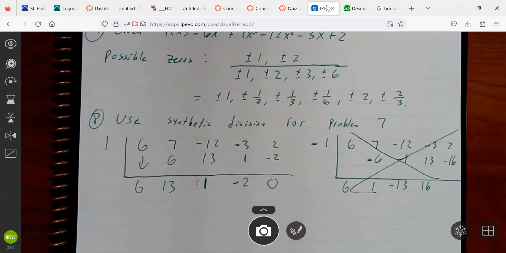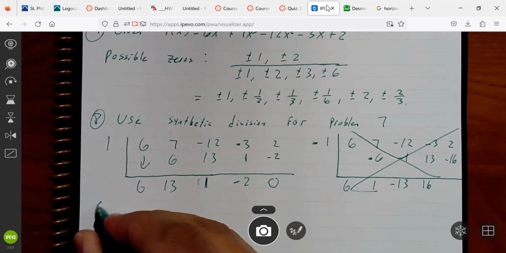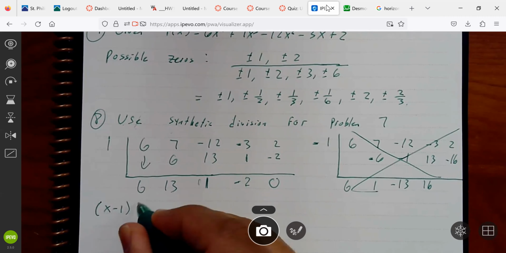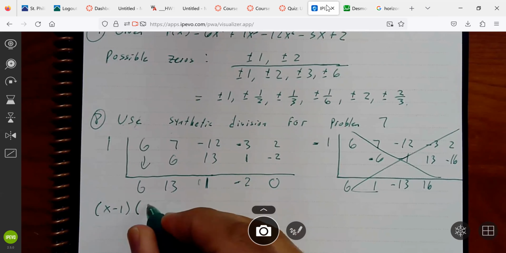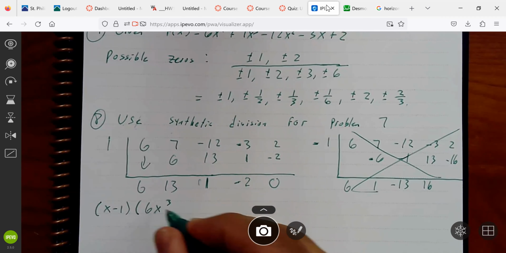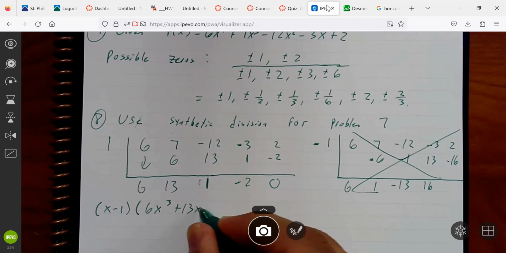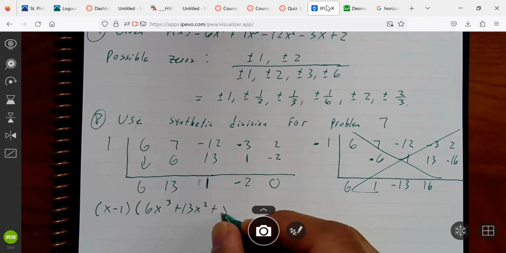Sorry about that. So we got 1, 0. So now we got x minus 1 as a factor times 6x cubed plus 13x squared plus x minus 2.